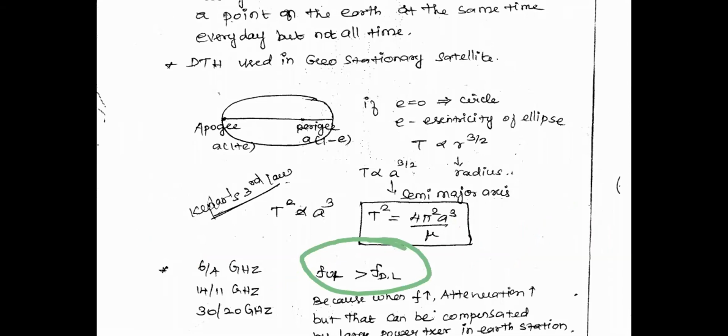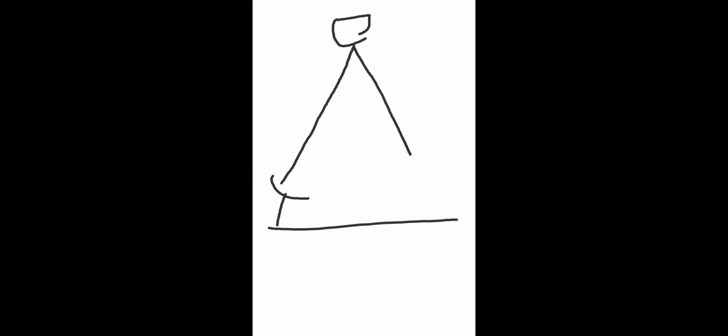Now let's see what is uplink and what is downlink. Suppose this is the Earth and the satellite is here. If somebody is sending the signal to the satellite, and the signal is reflected back and received at the receiver, this is called uplink and this is called downlink.